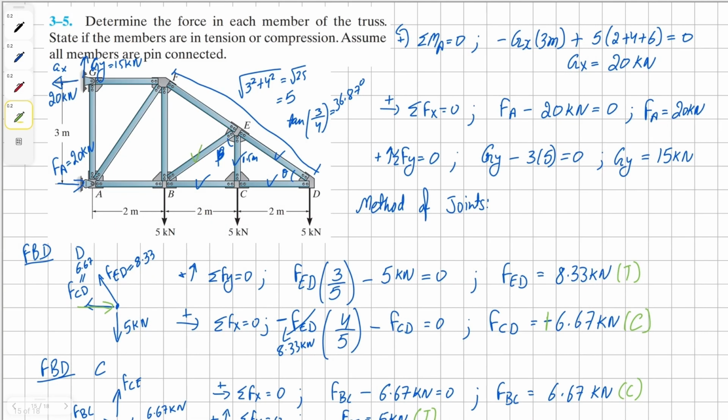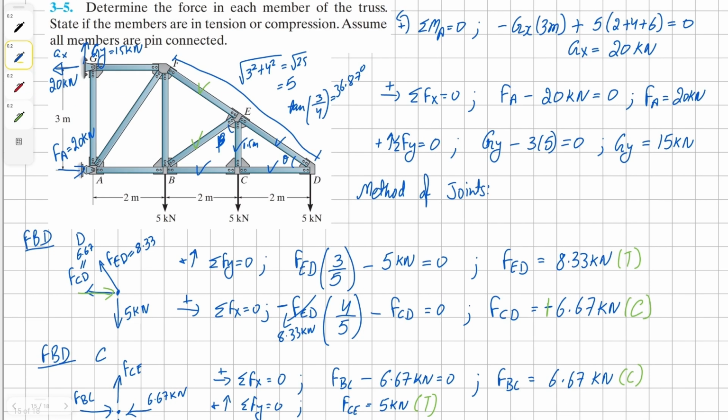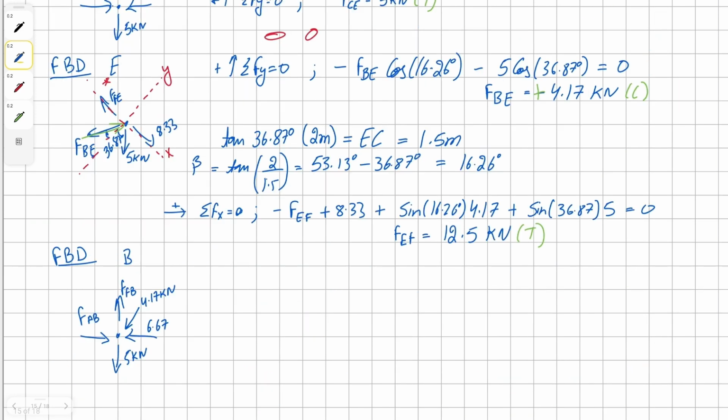Now we have found two more members. Now we can proceed to joint B. Joint B will help us determine the value for member AB and FB. To solve for member AB, let's sum the forces in x direction. So we have negative from member BC, 6.67 kilonewtons.